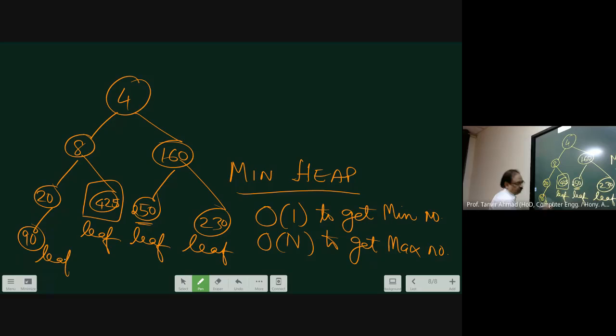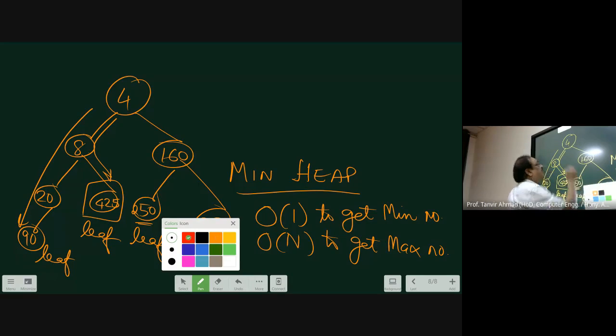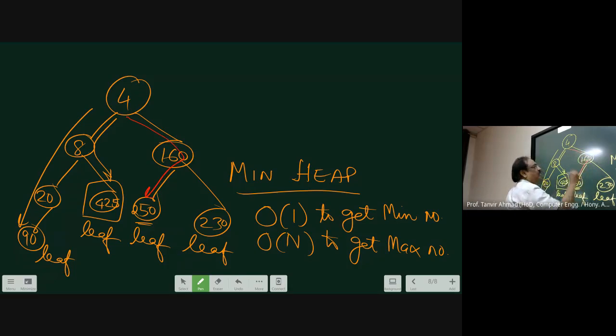You have to check all the leaves. Obviously you have to look at all the branches. You have to look at this one, and this one too. That means you have to check all those branches. What does this mean? When you check all the branches, or if you want to reach 90, you have to reach via 8 and 20. That means you are checking all the elements, so this will be order of n.